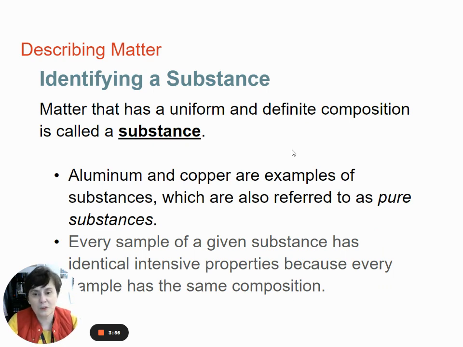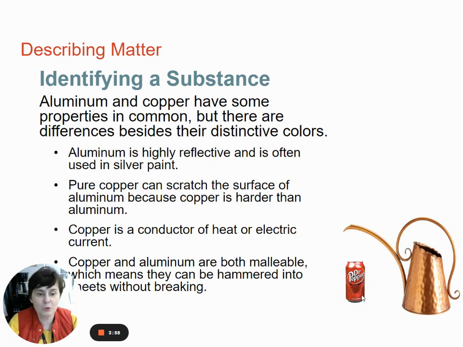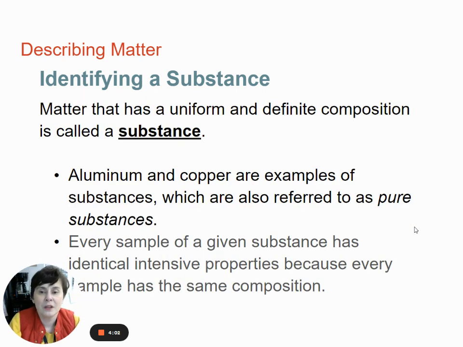When we talk about something being mostly aluminum or mostly copper, that is matter with a uniform and definite composition, as in it looks the same, and when we study a little farther, it is pretty much the same composition. We call it a substance. Aluminum and copper we consider pure substances.